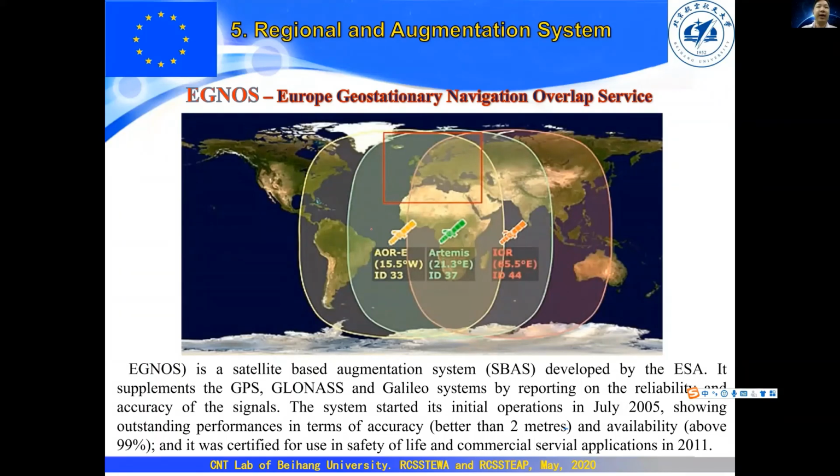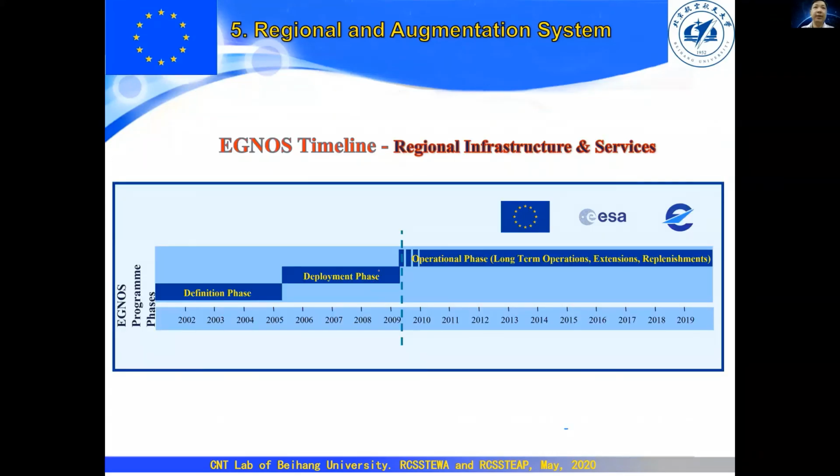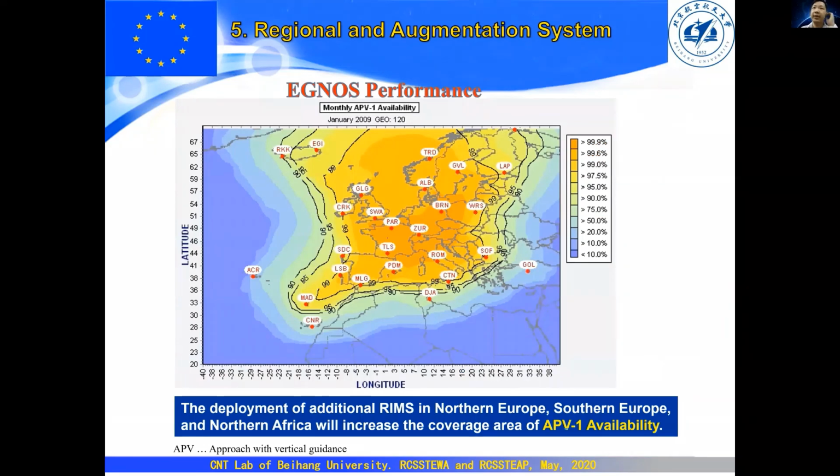Similar to WAAS, but it's made by the European Union, providing service for European Union users, because they cannot use WAAS, so they use EGNOS. And the EGNOS system has been in its operational phase since maybe the year 2010, mainly for the European Union, and this is how much coverage it can provide.